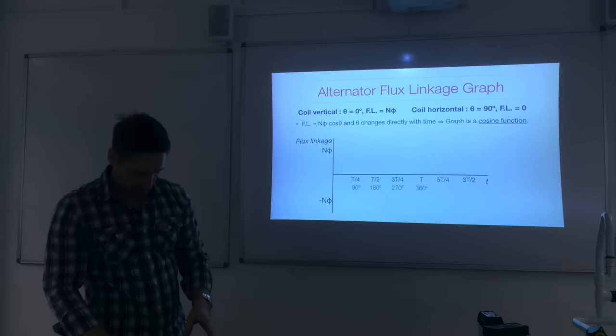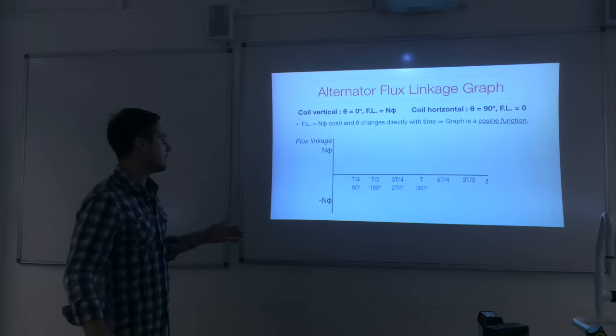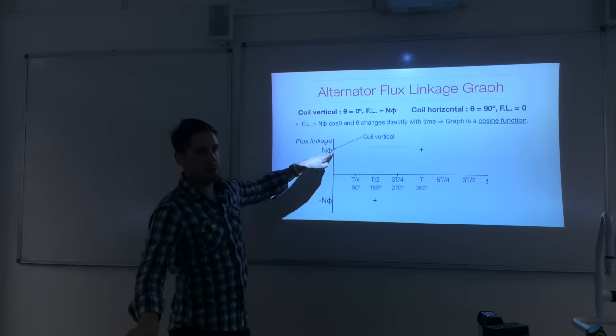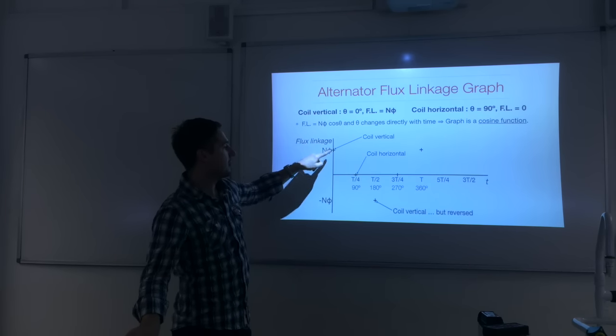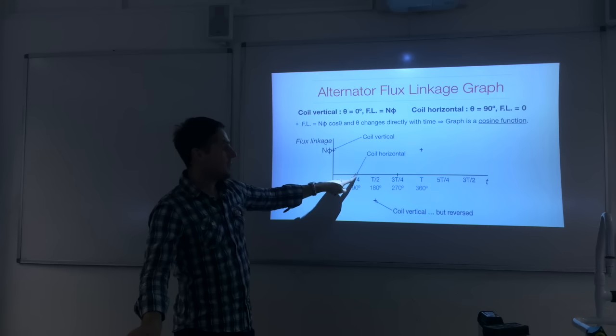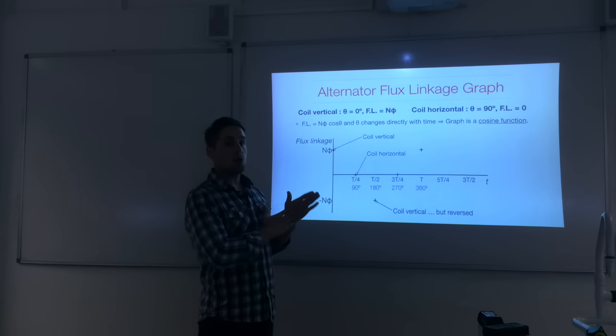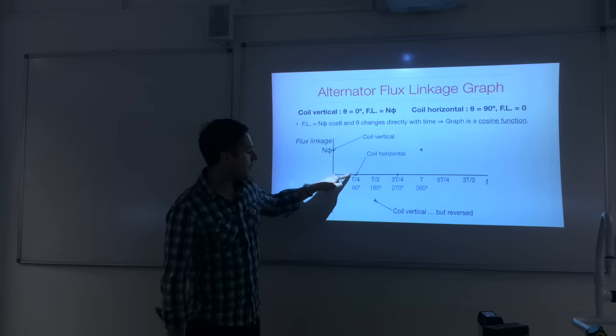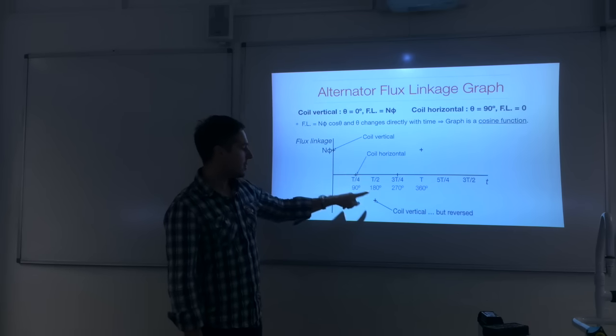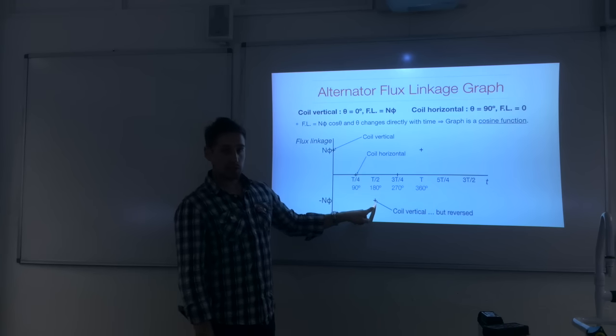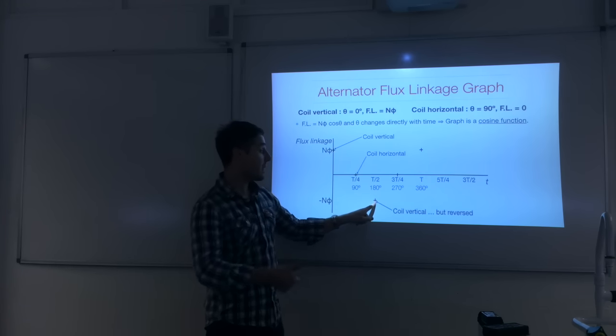Let's plot some data points at those times. We start off with N phi, because when theta is 0, we've got that maximum flux linkage. When the angle is 90, the coil is horizontal, so we get 0 flux linkage. The coil is vertical again here, but that's where it's reversed.